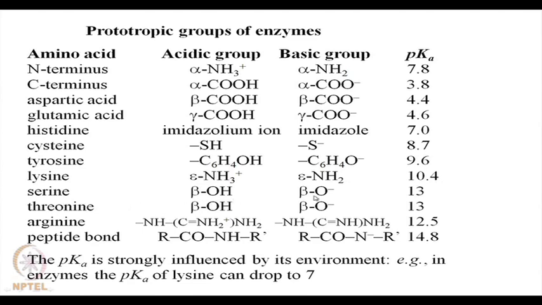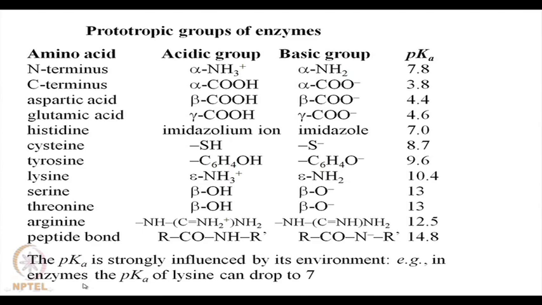Serine, beta OH and beta O minus, is 13. Threonine is 13 also. Arginine is 12.5. Peptide bond is 14.8. And you see histidine has a value very similar to 7.